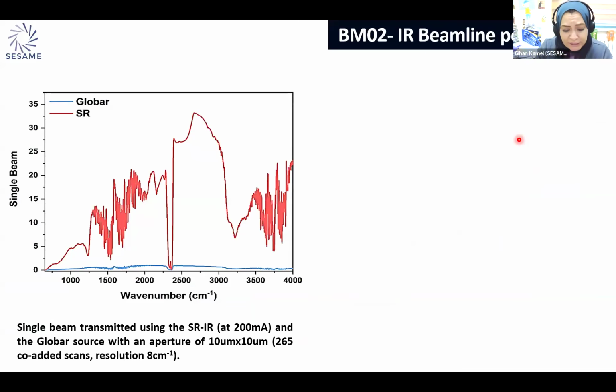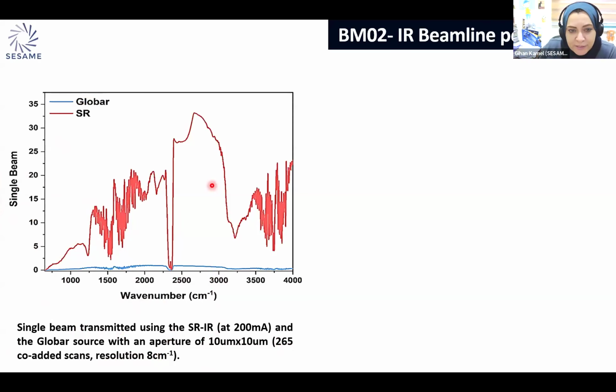Again, some of the regular tests that we do to monitor the performance of the synchrotron infrared beamline with respect to the Globar, which is quite the same, it doesn't change, is something like this. This is a single beam transmitted through a 10 by 10 micron square, for example, with 265 co-added scans, resolution 8 cm⁻¹, for both the synchrotron and the Globar.